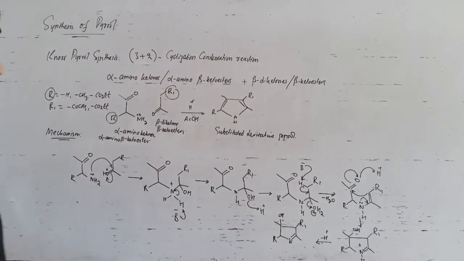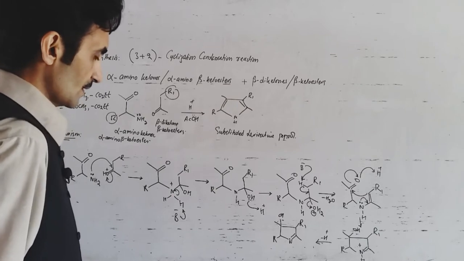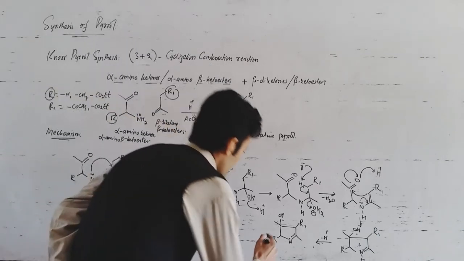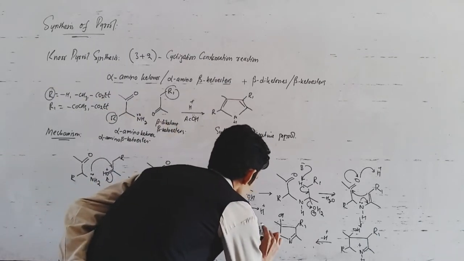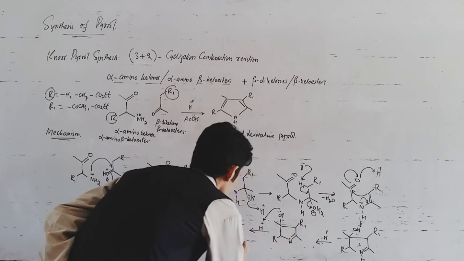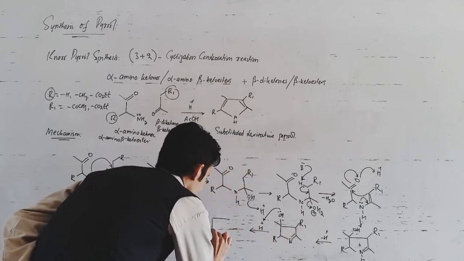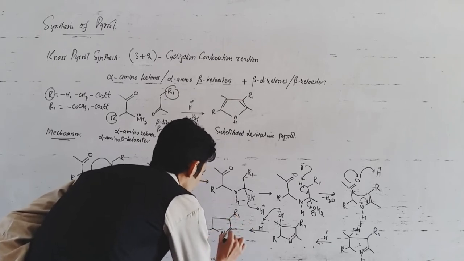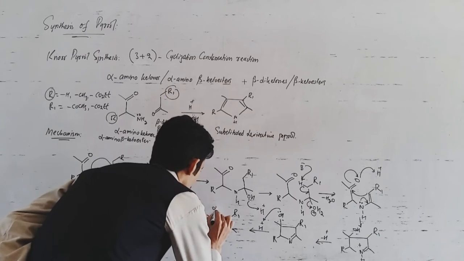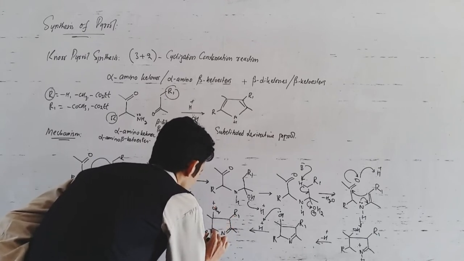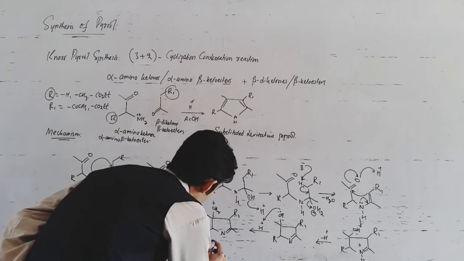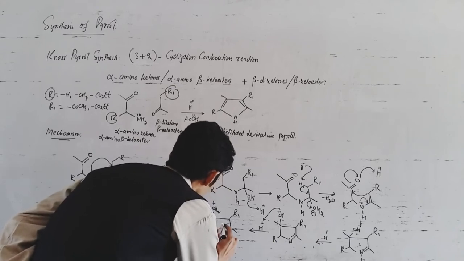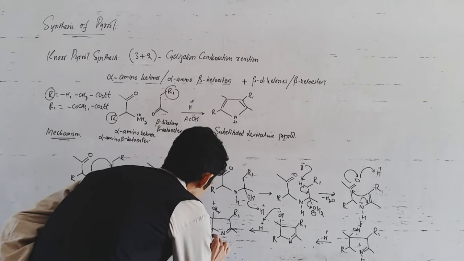The next step will involve again the protonation of the hydroxyl group, and we will obtain the structure like this one: R1, R, here we have methyl, already methyl, and OH2 positive charge. So, here we have hydrogen atom as well.